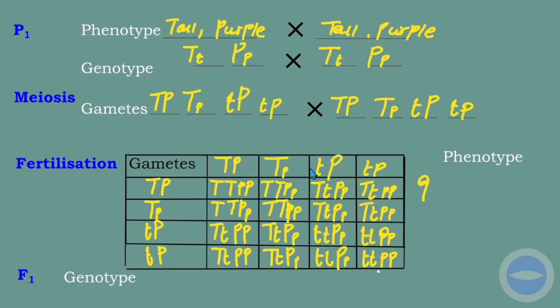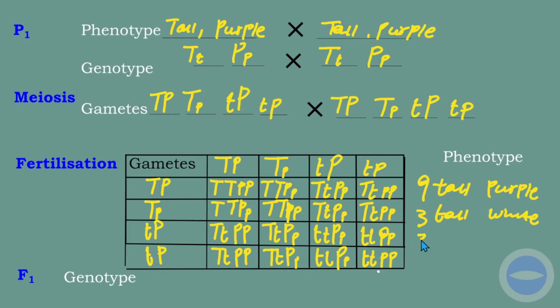of the dominant alleles. So that means we will have 9 tall and purple plants, and then we will have 3 of dominant and recessive. So we have 3 tall with the recessive color, white.